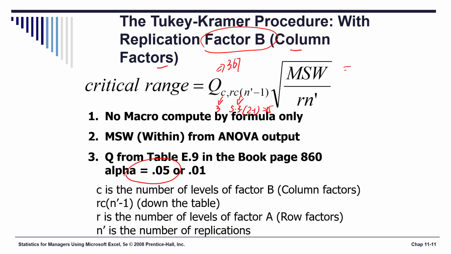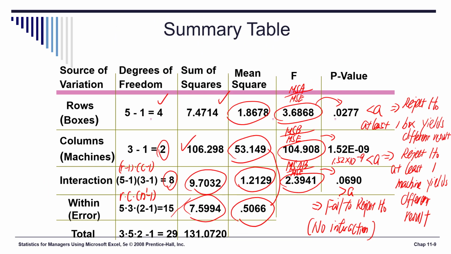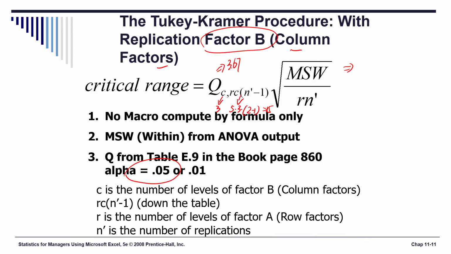And the mean square within, we find it from the ANOVA output, 7.5994. And also R here is the number of rows. In this case, it will be 5 rows. N prime is 2.